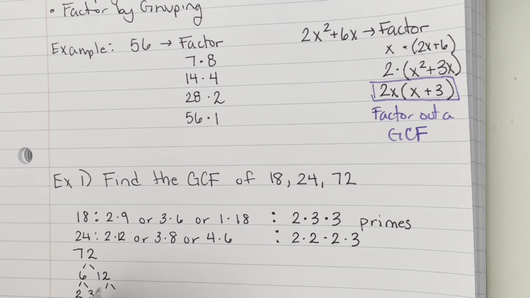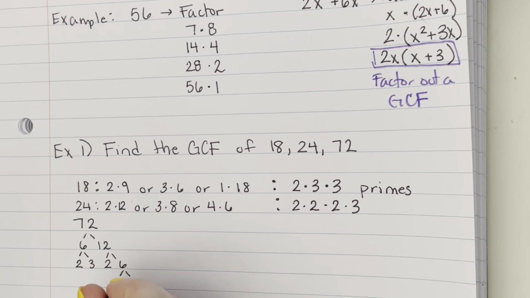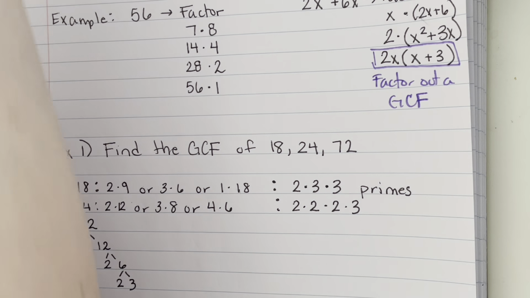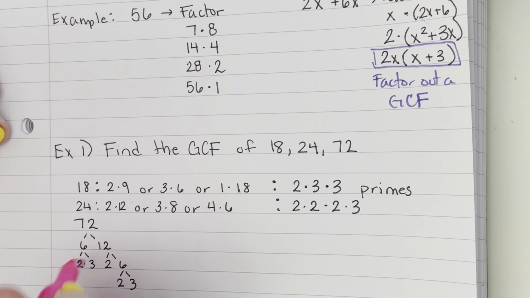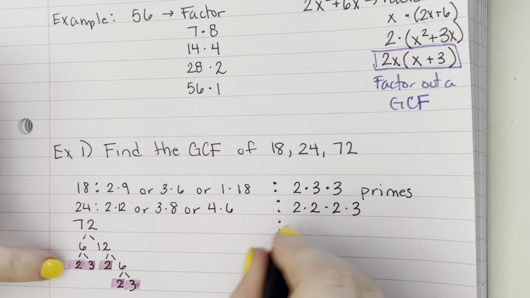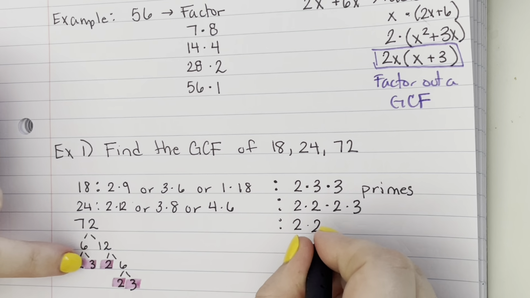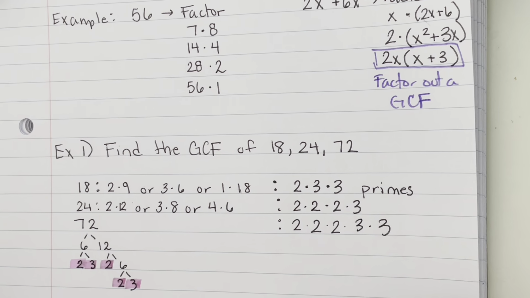And 12 is 2 times 6. 2 is prime, 3 is prime, 2 is prime, but 6 breaks down to 2 and 3. So the prime factorization for 72 is all of the primes together. 2, 3, 2, 2, 3. And I'm going to organize these in ascending order. So I have 2, 2, 2, 3, 3.